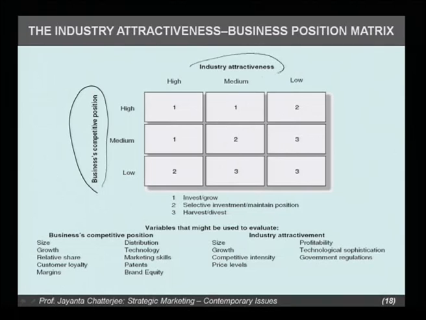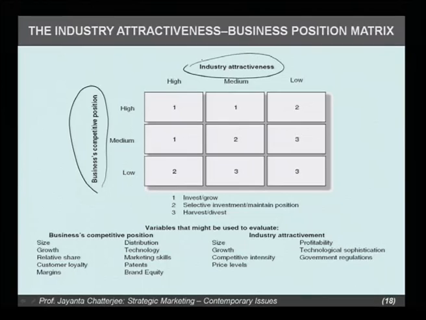And industry attractiveness also is a higher level concept. Just as in business competitive position, we look at marketing skills, knowledge, intellectual property, the brand equity and so on.